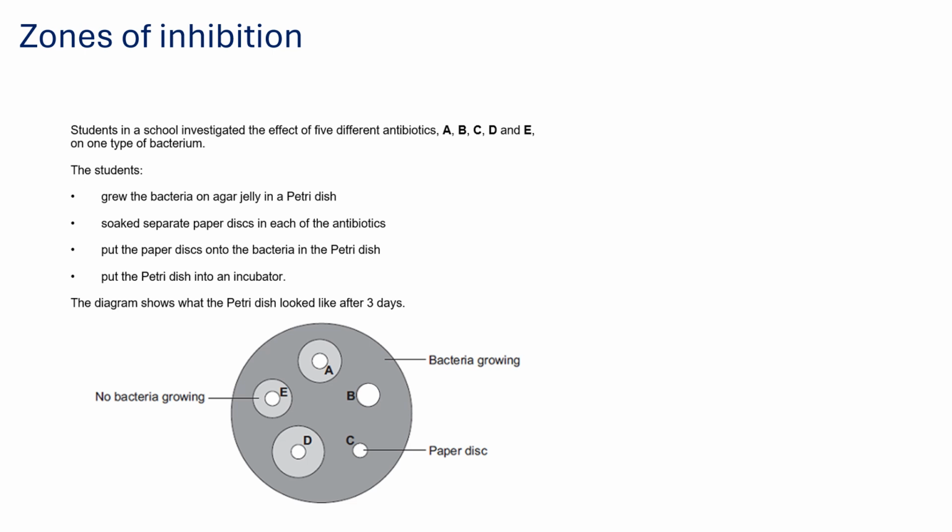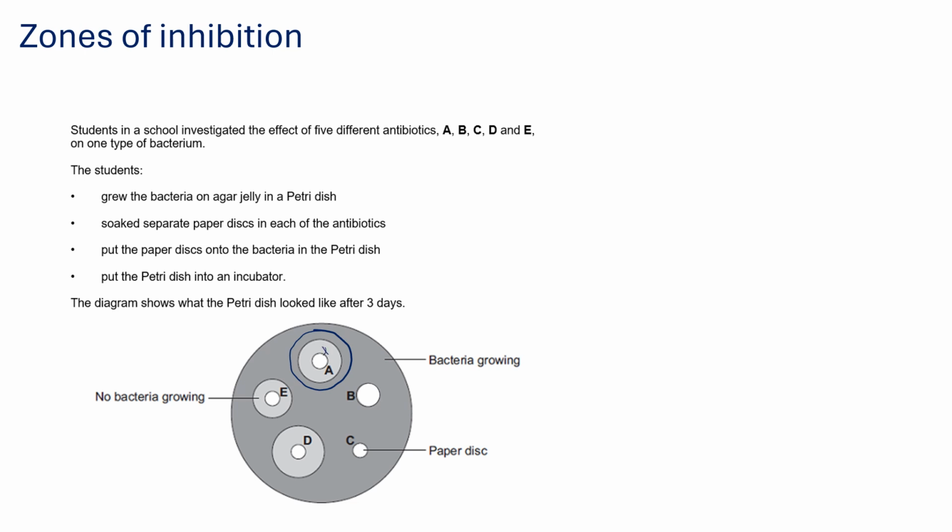It was left for 3 days, and when you looked at it following the 3 days of incubation, you could then measure the zones of inhibition, which is the area surrounding the antibiotic discs, as you can see in the diagram here. For example, with antibiotic A, we can see the ring around it, and that is what we would describe as the zone of inhibition.